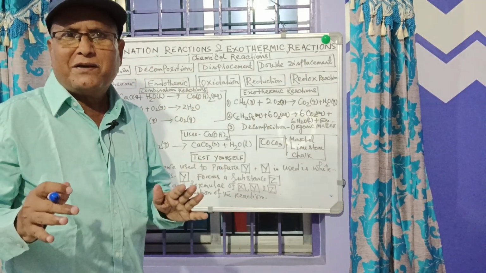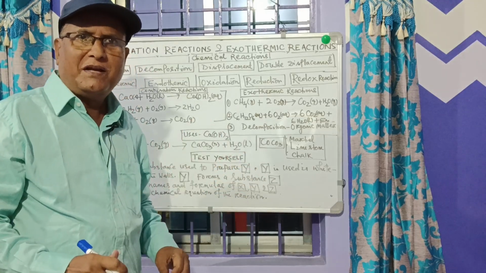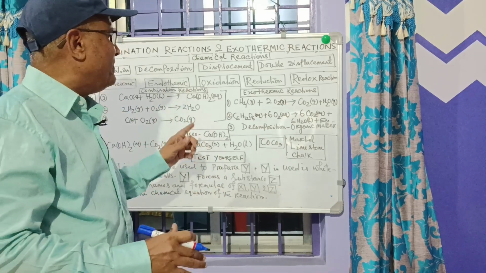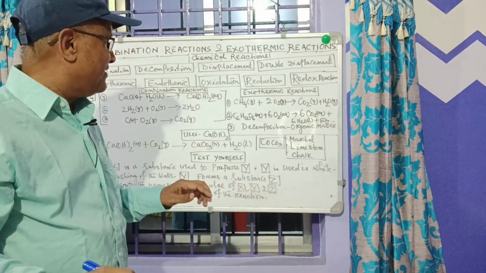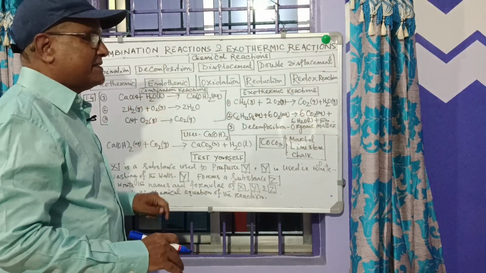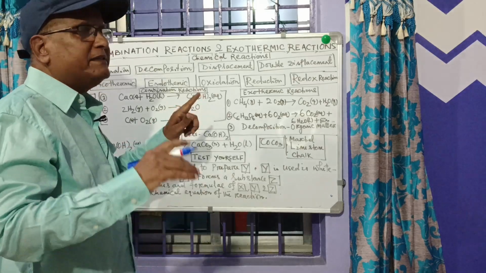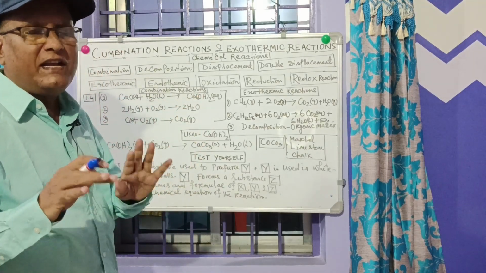Then, dear students, let's discuss what happens in a chemical reaction. That is breaking and combination of atoms to form a new substance. That happens in a chemical reaction. So two reactants, they combine with each other to form a single product. So this is an example of combination reaction.